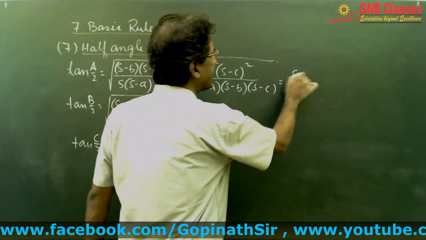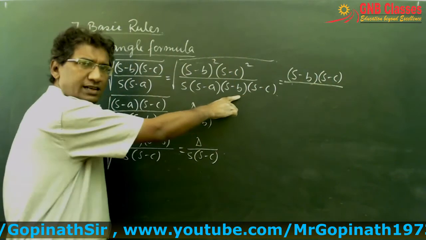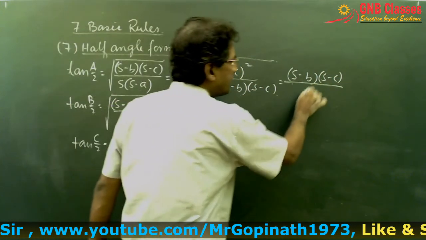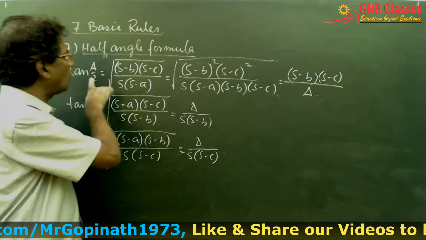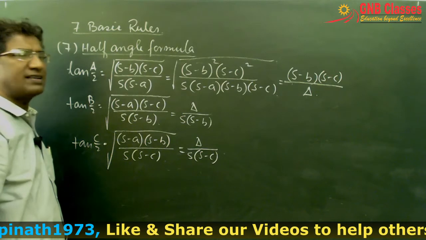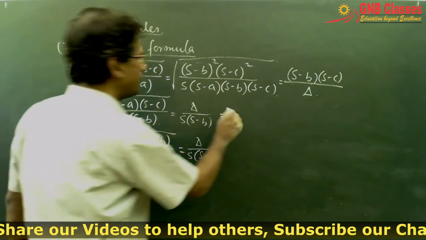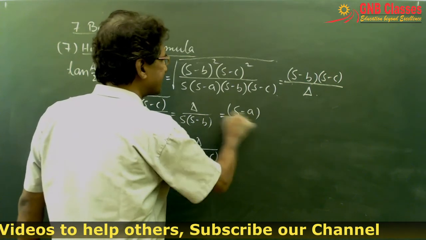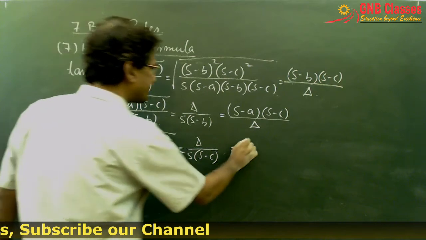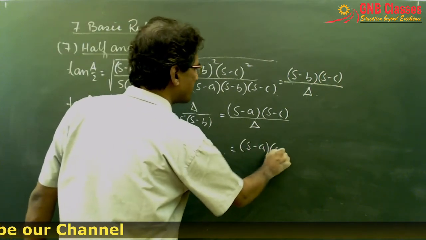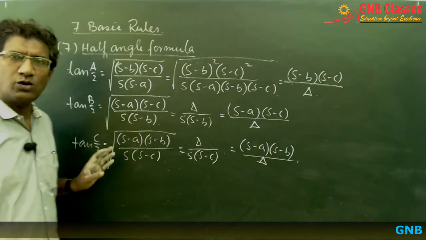So from the numerator we are getting S minus B into S minus C, and in the denominator from Heron's formula we are getting del. Is it clear to all of you? Absolutely. So this can also be written as S minus B into S minus C divided by del. Similarly, this can also be written as what, tell me? S minus A into S minus C divided by del. This can be written as S minus A into S minus B divided by del. Is it clear to all of you?